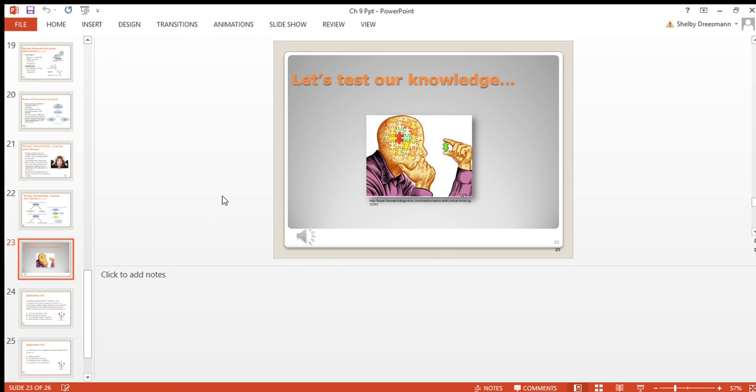Number 7: applying the understanding of stress response to a clinical or personal situation by describing the situation and response and manifestations observed or experienced.